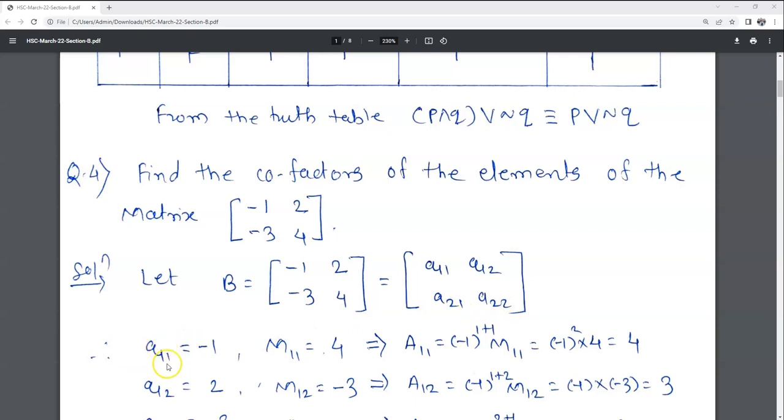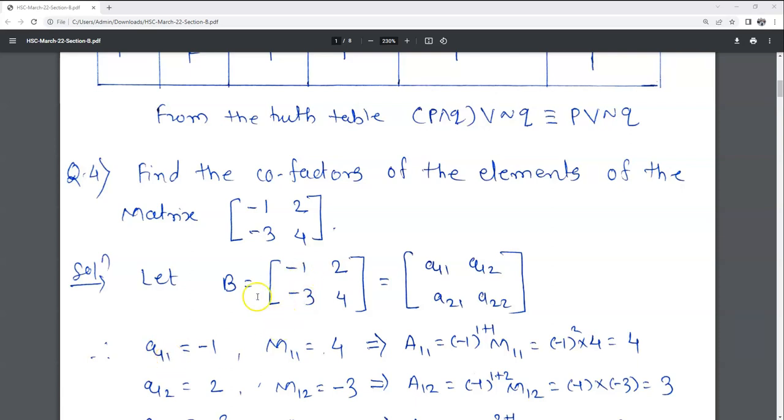Now, what is A11? A11 is what? -1. So M11 काय येईल? 4. This is called as a minor. Now 4 कसा येईल? See, जेव्हा आपण 1 1 म्हणतो, याचा अर्थ काय? फर्स्ट रो अँड फर्स्ट कॉलम काय करायचा? स्किप करायचा.